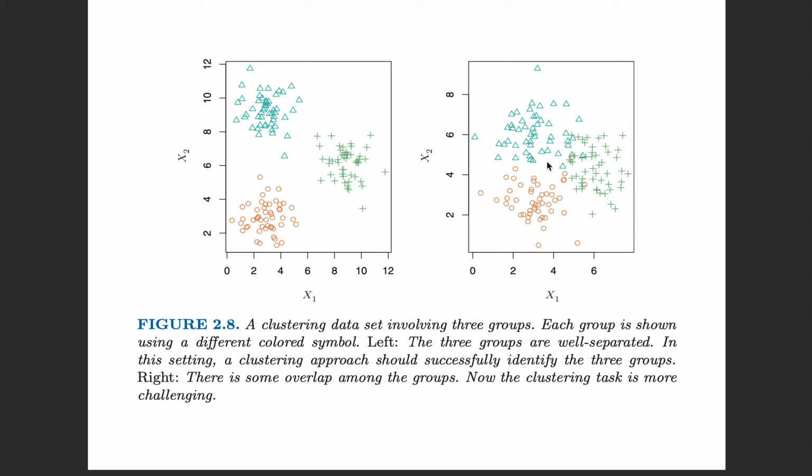There are a lot of points on the border, and there are a lot of methods that allow soft clustering, where each data point is assigned a probability: 90% to this group, 10% to that group, 20% to that group. But at the very basic level, we have hard clustering, which just assigns each data point to one class.